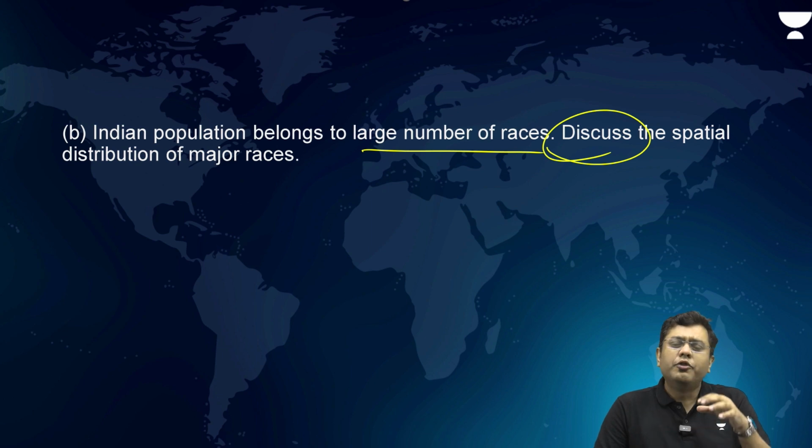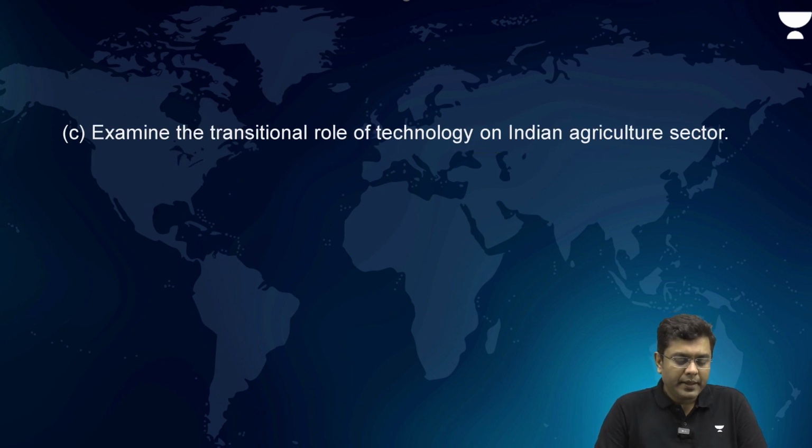For example, here you can talk about geographical barriers in the hilly areas, then the presence of the Vindhyas, Satpura, etc. These geographical barriers, the islands being very far off, not properly connected, that is something you can talk about. Okay?